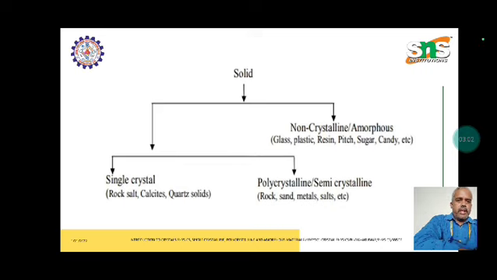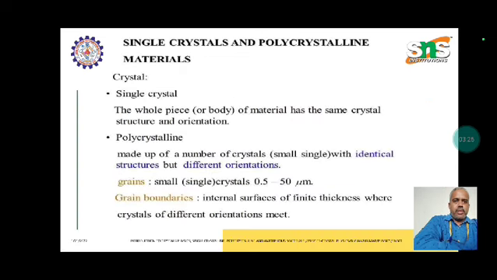So solids are classified into 2 categories: single crystalline or polycrystalline, and non-crystalline. The examples given below this topic are rock salt, calcite, quartz, metal, then resin, pitch, sugar and candy, all based on the atomic arrangement.